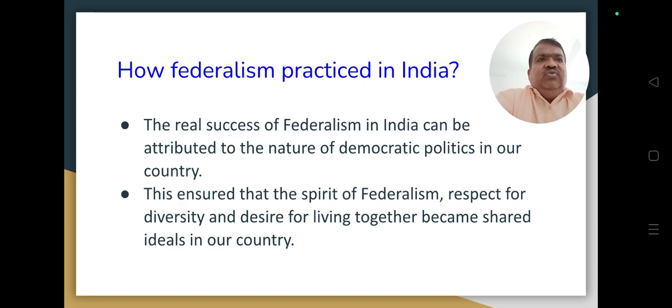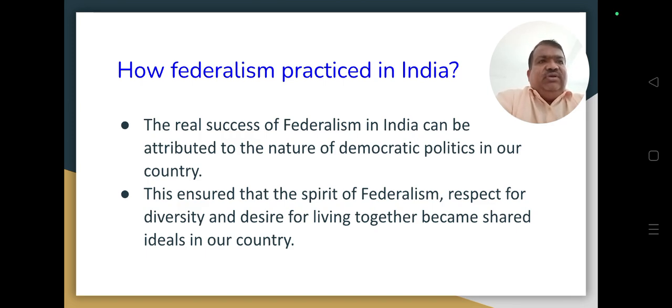So this democratic politics is the strength of our federalism. This ensured that the spirit of federalism, respect for diversity, and desire for living together became shared ideals of our country. Which means the democratic politics we have been following from day one is our spirit of federalism.